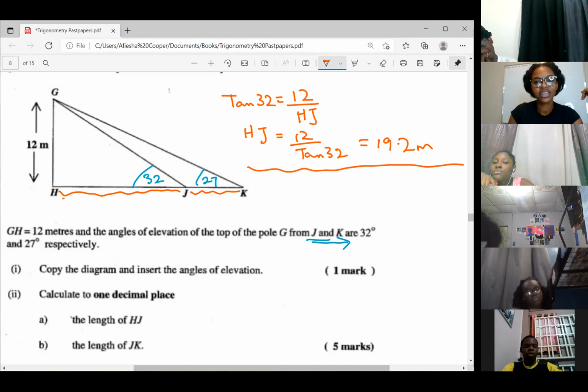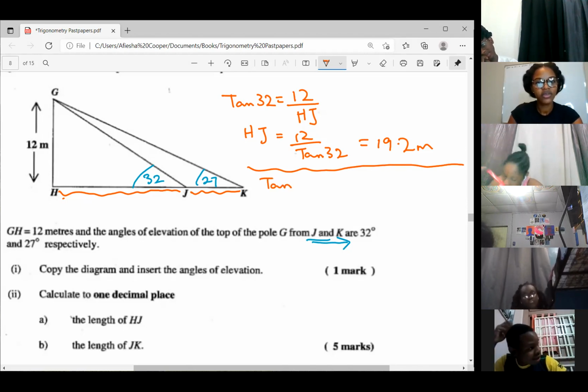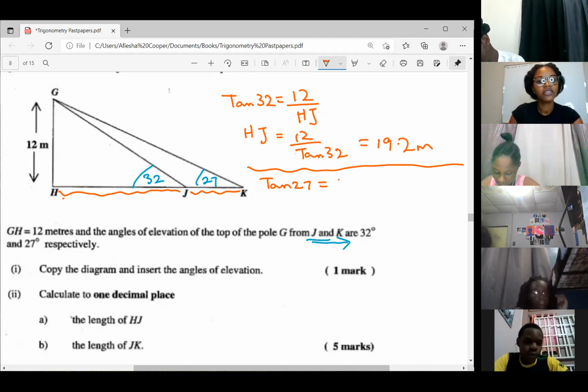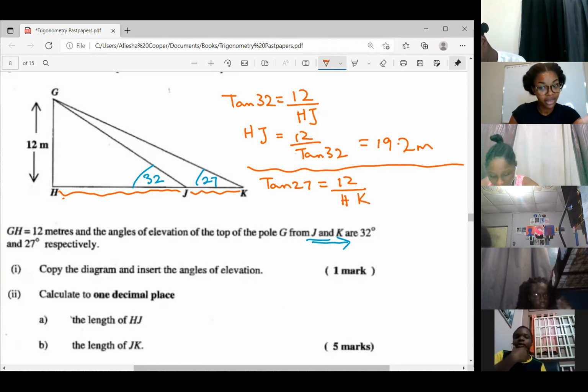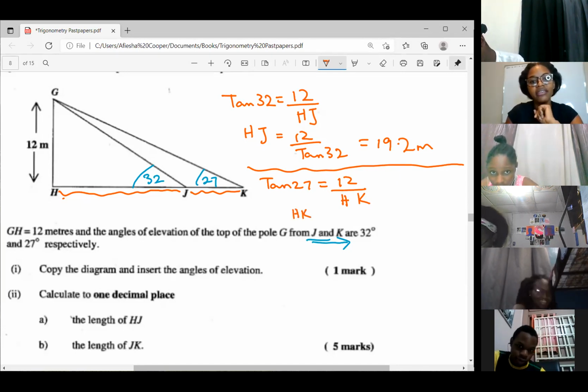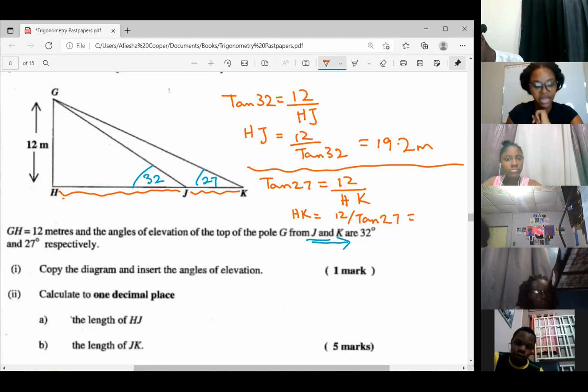Tan. So we could use tan 27 is equal to 12 over HK. Yeah? All right. HK is equal to 12 over tan 27, which is how much?